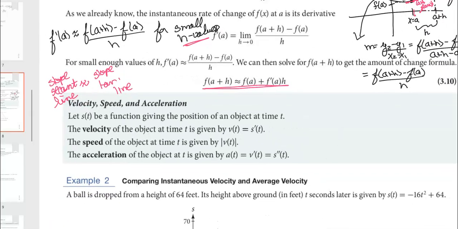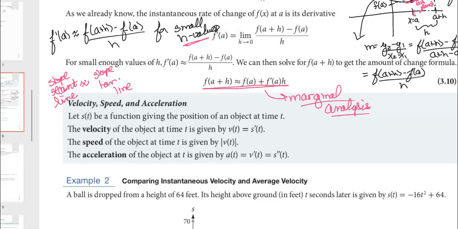And this is used for things like marginal analysis. Maybe we're in a business setting and we know the cost of producing X amount of items.